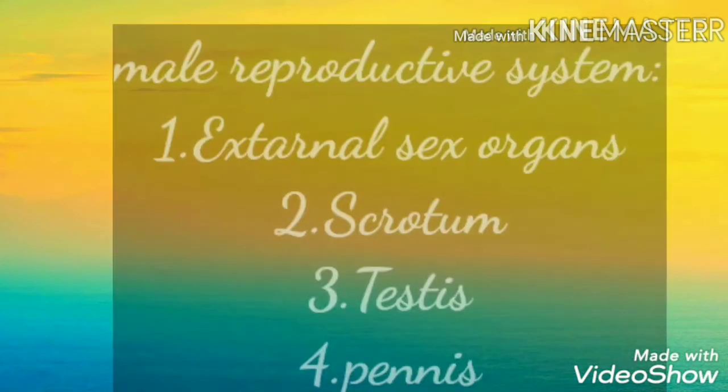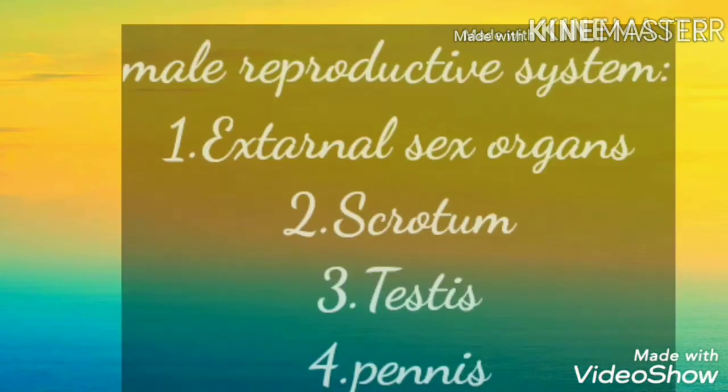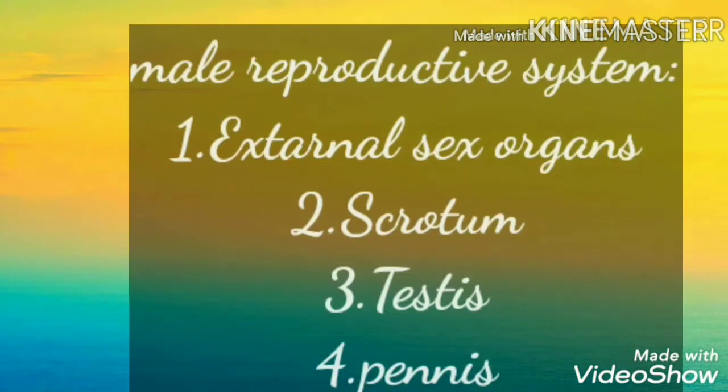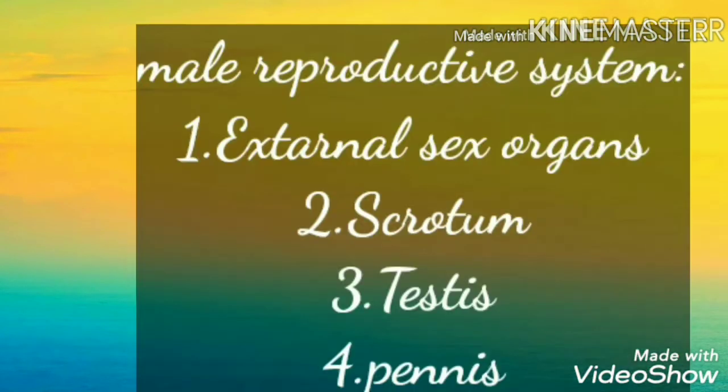The purpose of the scrotum is to provide the testis with the appropriate temperature for sperm production. The testis is homologous to the ovary in that it produces the gametes, that is, sperm. In the human male, the penis serves as both a reproductive organ and a urinary duct. I hope you are following me.